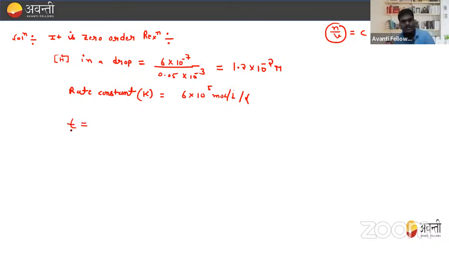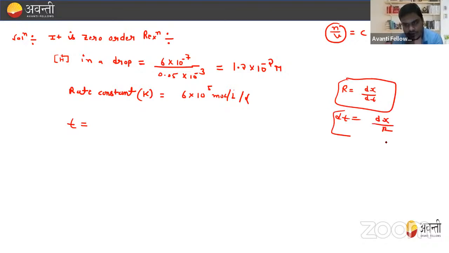Time is equal to concentration upon rate constant, because we know the formula of rate of reaction is equal to dx over dt. So if you want to calculate dt, you must divide dx upon r. Here dx is the concentration and r is the rate constant.